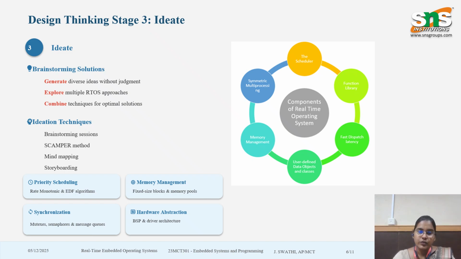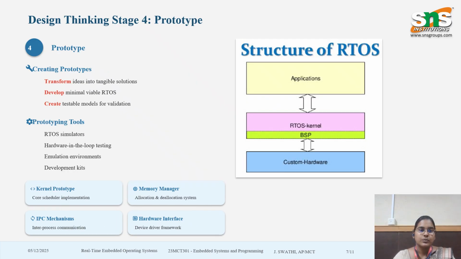Before going for the application, we have to focus on priority scheduling, memory management, synchronization, and hardware abstraction. These are the four things we have to focus on before going for the prototype. In the prototype, we focus on the applications, but we also have to choose the RTOS kernel and libraries.